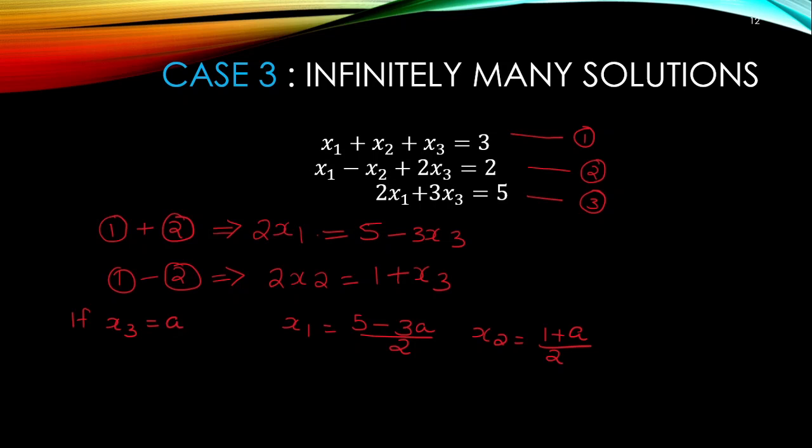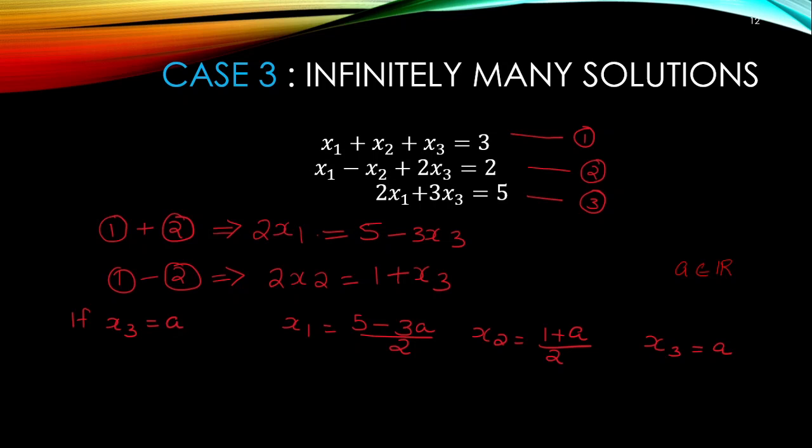Okay, so we find a variable in all the solutions. In the solution of x1, x2, x3, we find a constant a, which belongs to real numbers. We can substitute any real number in place of a, and we will get one solution.